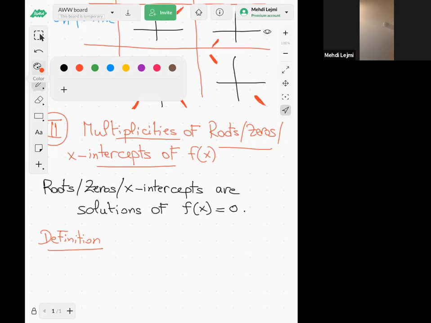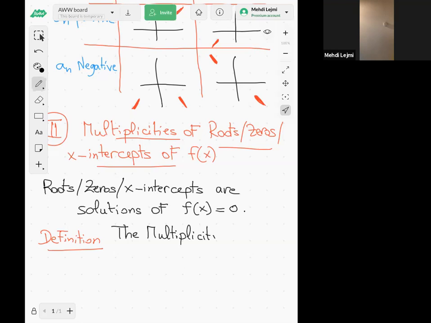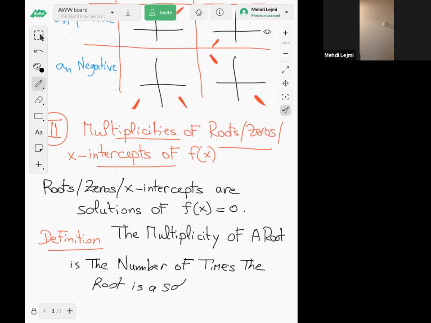So we said the multiplicity of a root or a zero is actually the number of times the root is a solution of f of x equal to 0, right?